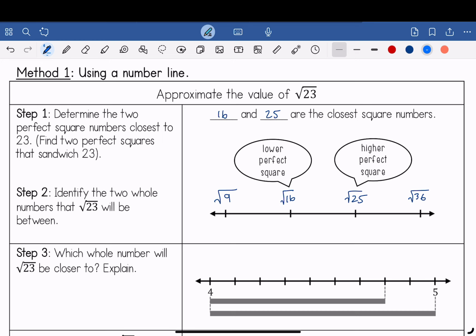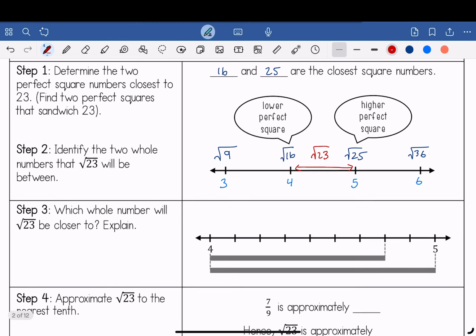It is between the square root of 16 and 25, but the whole numbers would be 4 and 5. The square root of 36 would be 6. The square root of 9 would be 3. But we know that the square root of 23 will be somewhere between here and here. The question is where exactly, or approximately.